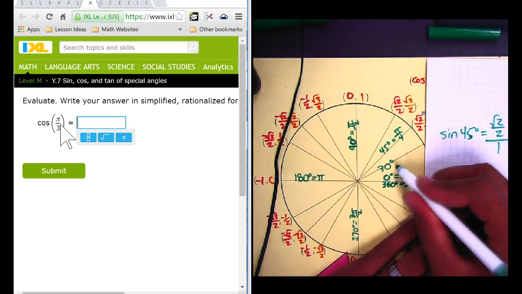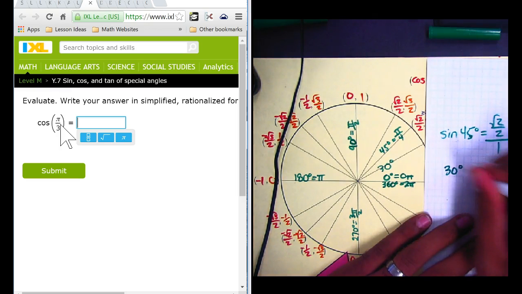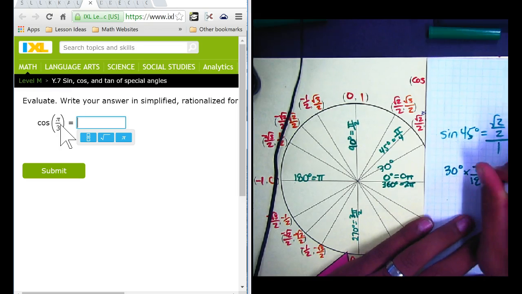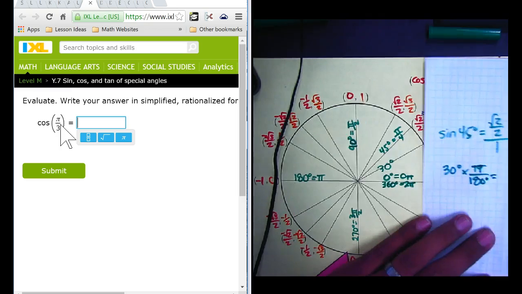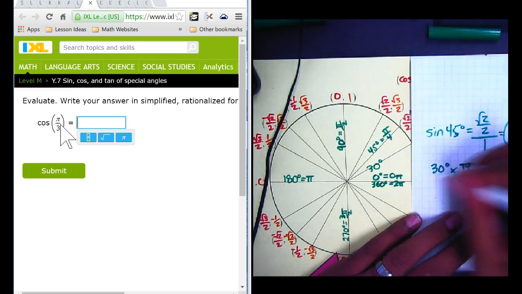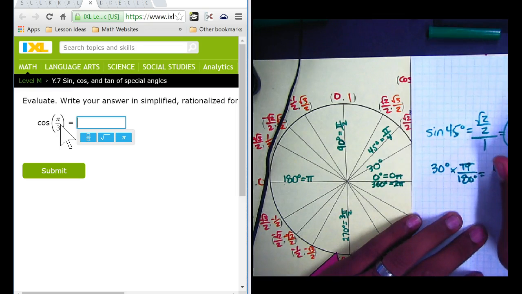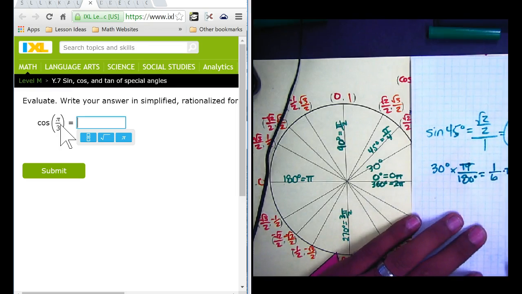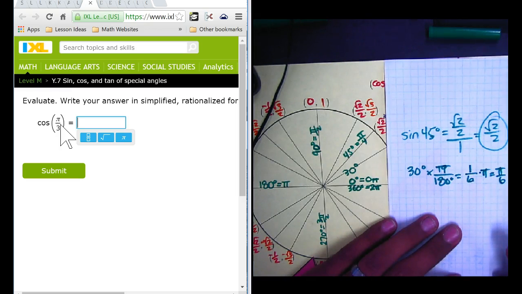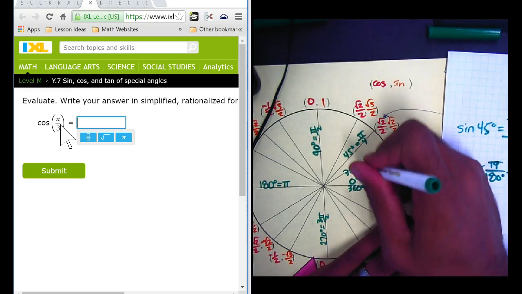So to find this 30 degrees, 30 times pi over 180. Well, that's going to be 30 over 180. We can reduce that, and that will be 1 over 6 pi, which is also the same as pi over 6. Okay, so then this is pi over 6.